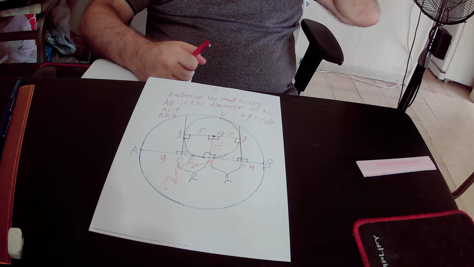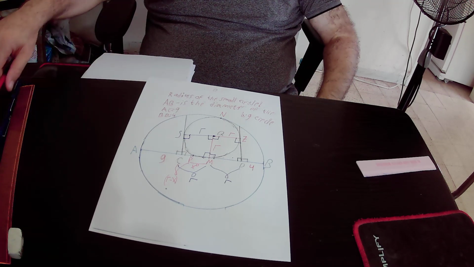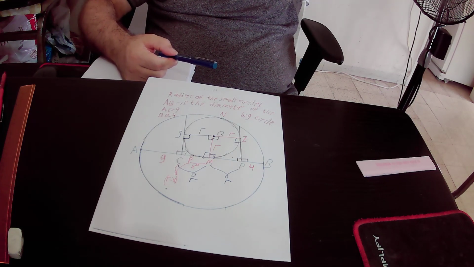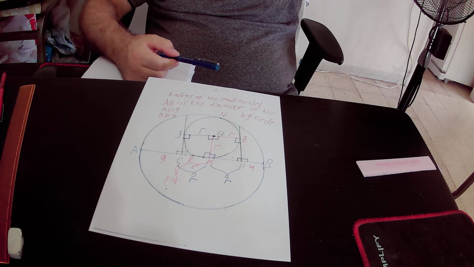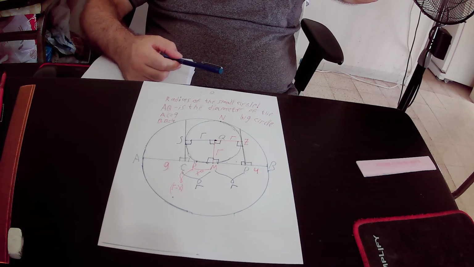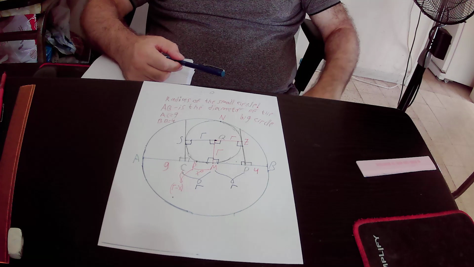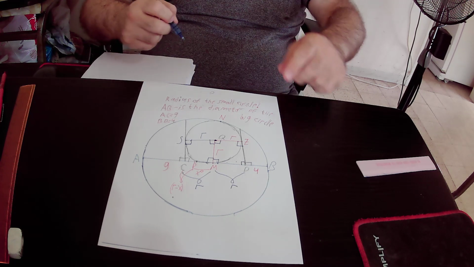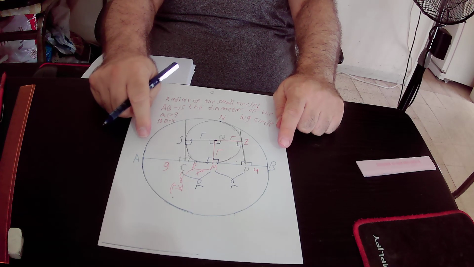So in the next step we'll calculate the radius of the big circle in 2 different ways. We know that AB is the diameter of the big circle.